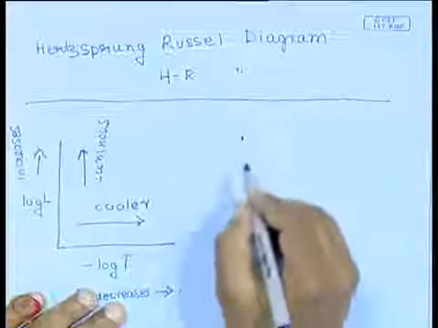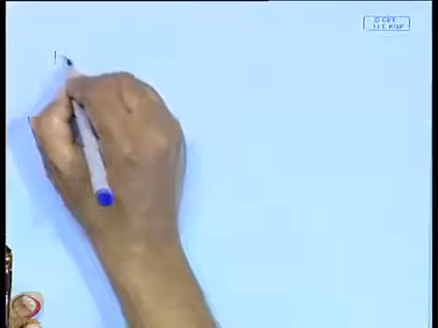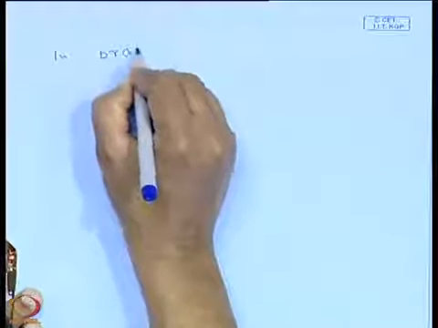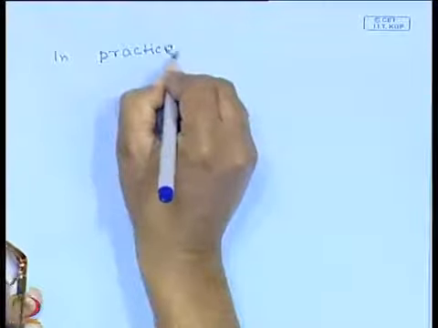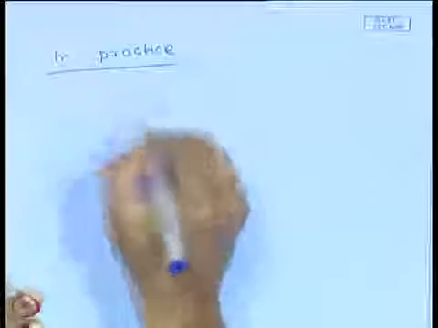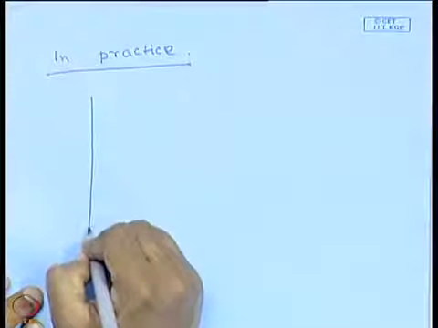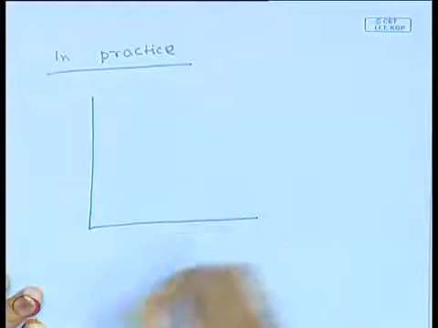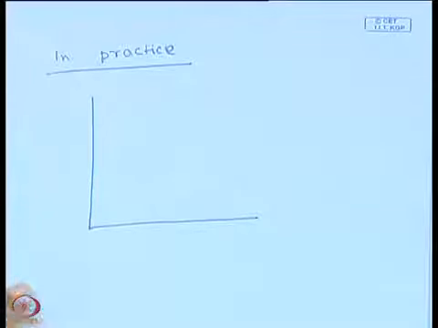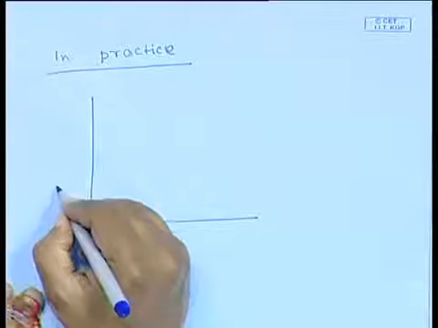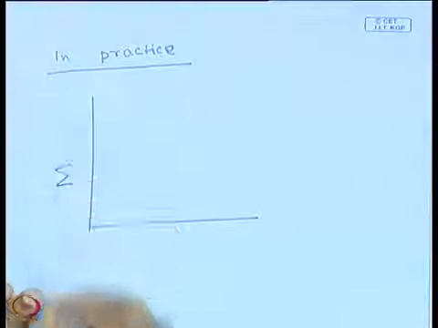So, from the observational point of view, let me put it in a different diagram. In practice, what you plot is the absolute magnitude in some band, let us say in the V band.